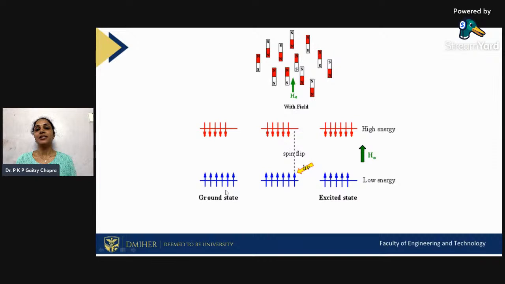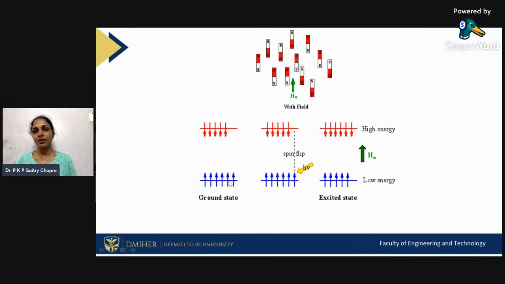In the ground state, we are showing 6 nuclei. Now, we say that a nucleus is resonating by application of electromagnetic radiation, or radio waves, in the presence of H0 only when it absorbs the radiation. Here it is shown with a yellow arrow, that is h nu, and it goes to the higher energy state with a flip in its spin.